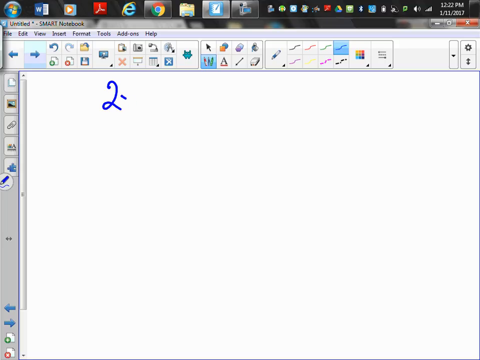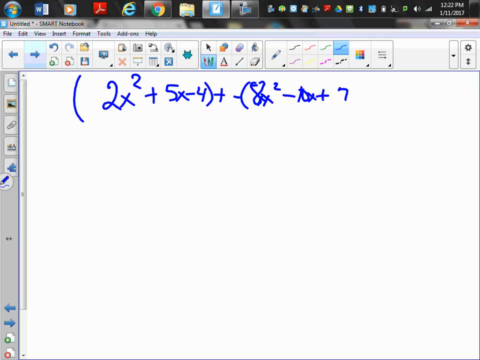All right, let's look at another problem. Look at this one. It says 2x squared plus 5x minus 4 plus negative 8x squared minus 10x.